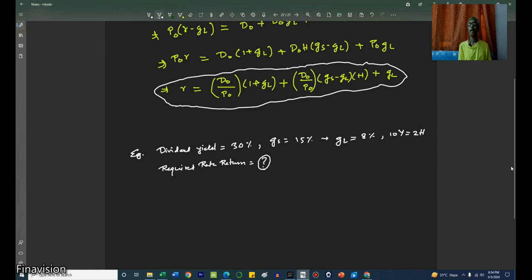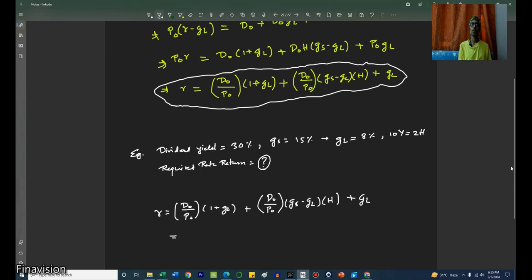Okay, so here we already know the formula, right? R is equal to D0 by P0. This is nothing but the dividend yield. D0 by P0 into (1 plus GL) again plus D0 by P0 into (GS minus GL) into H plus GL.